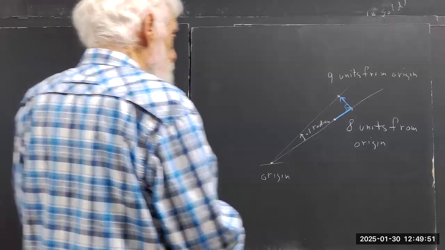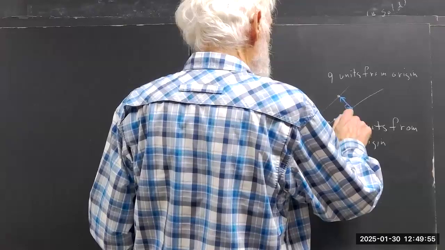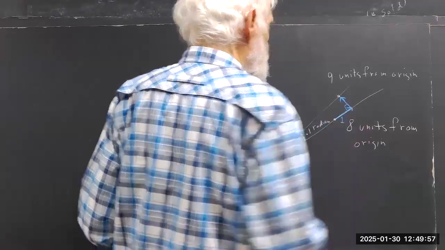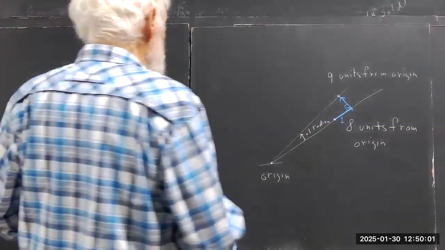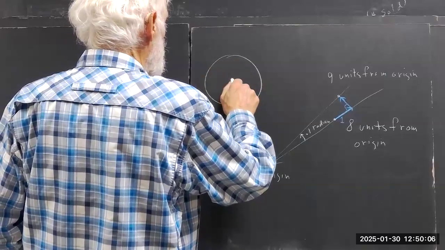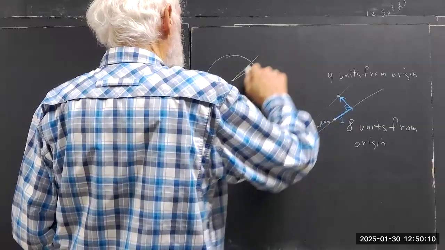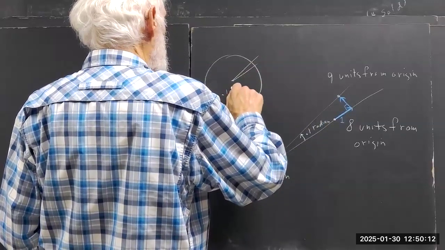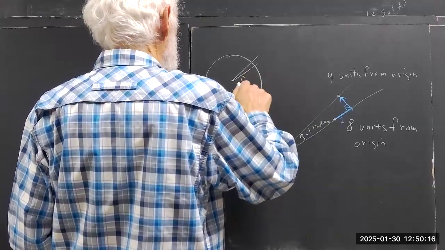So I'm going to say we move 1 unit. That vector is going to have length 1. Then I'm going to draw a circle, with a tenth of a radian angle.